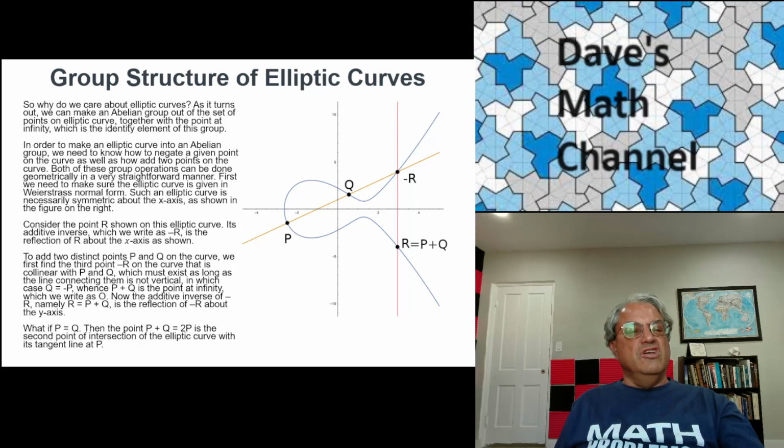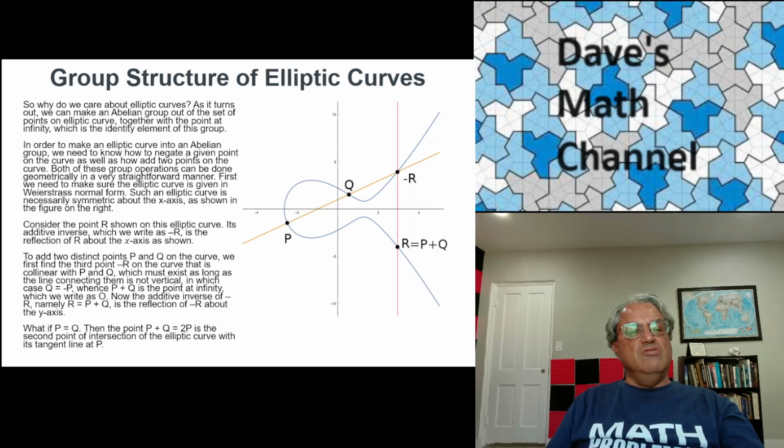Some points are their own negative. If you look at the leftmost point on this curve, which they don't mark, a little bit above P, it sits on the x-axis. That point is its own negative, because if you reflect it about the x-axis, you get back that same point.